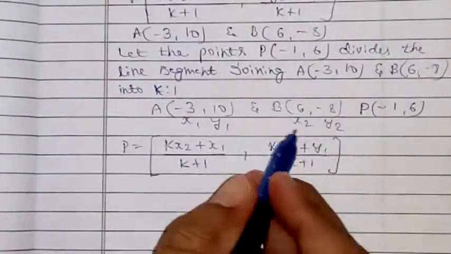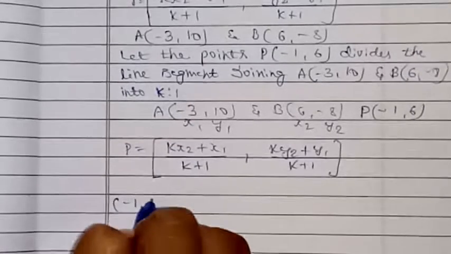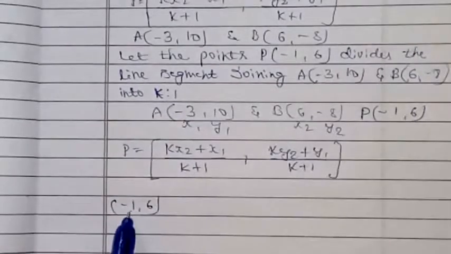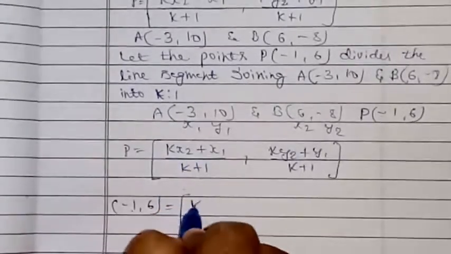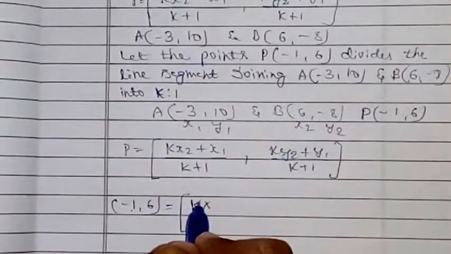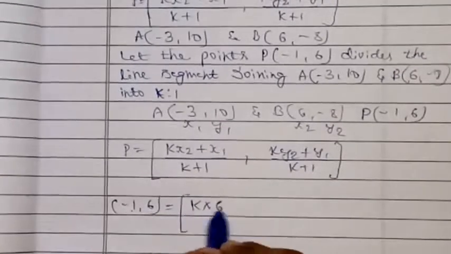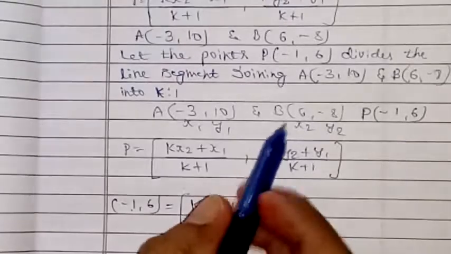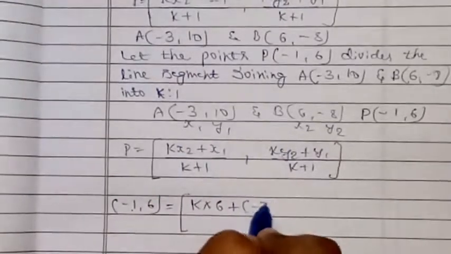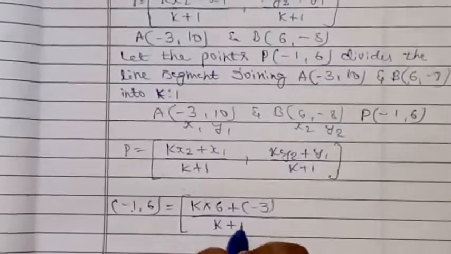Now P is nothing but (-1, 6). Here -1 is for the x coordinate and 6 for the y coordinate. So that equals k into, what is the value of x2, children? x2 is 6. So k into 6 plus, what is the value of x1? x1 is -3, divided by k plus 1.